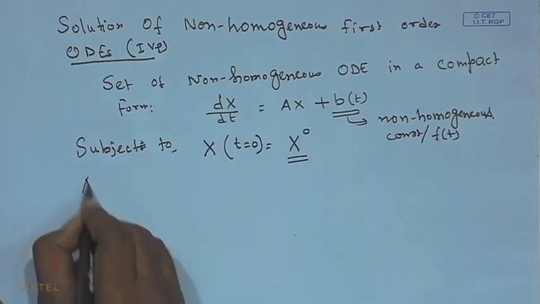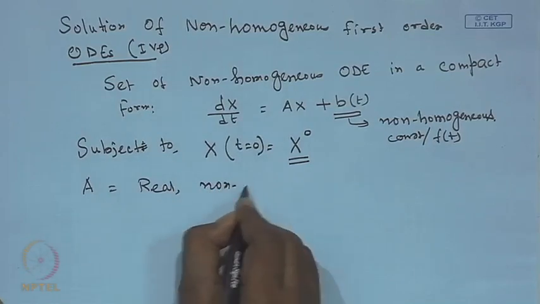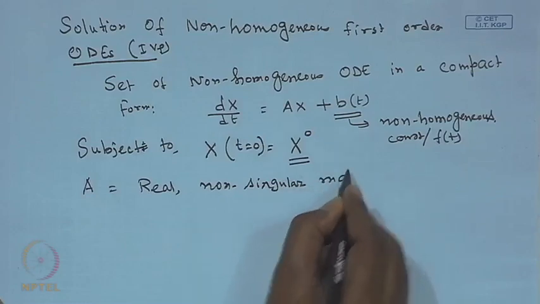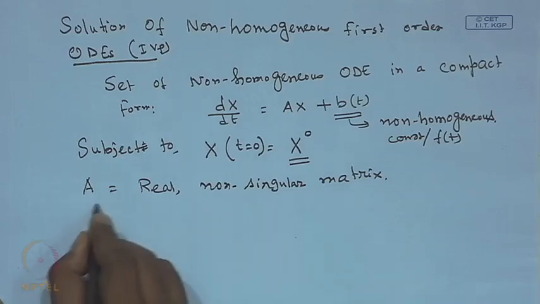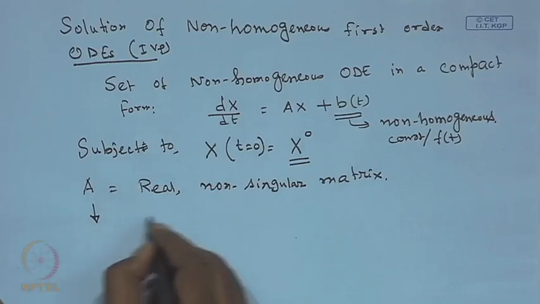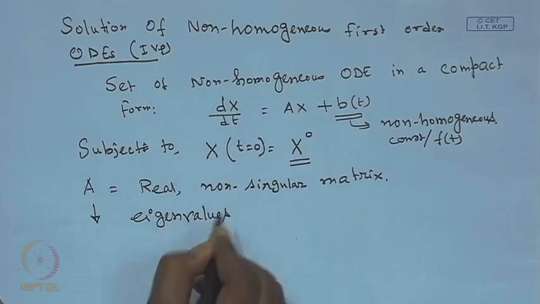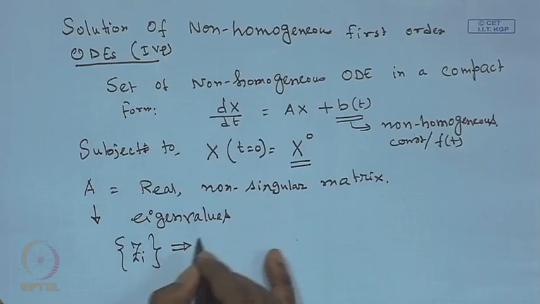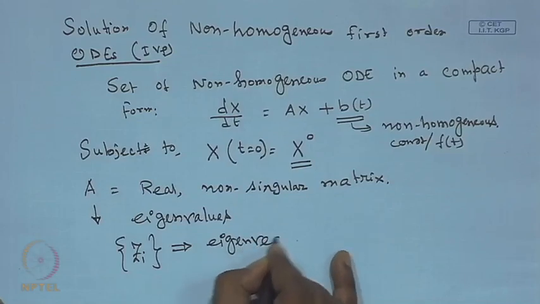Now, A is a real non-singular matrix, and we know how to evaluate the eigenvalues and eigenvectors of this matrix. Let us say Z i forms a set of vectors which are nothing but the eigenvectors.